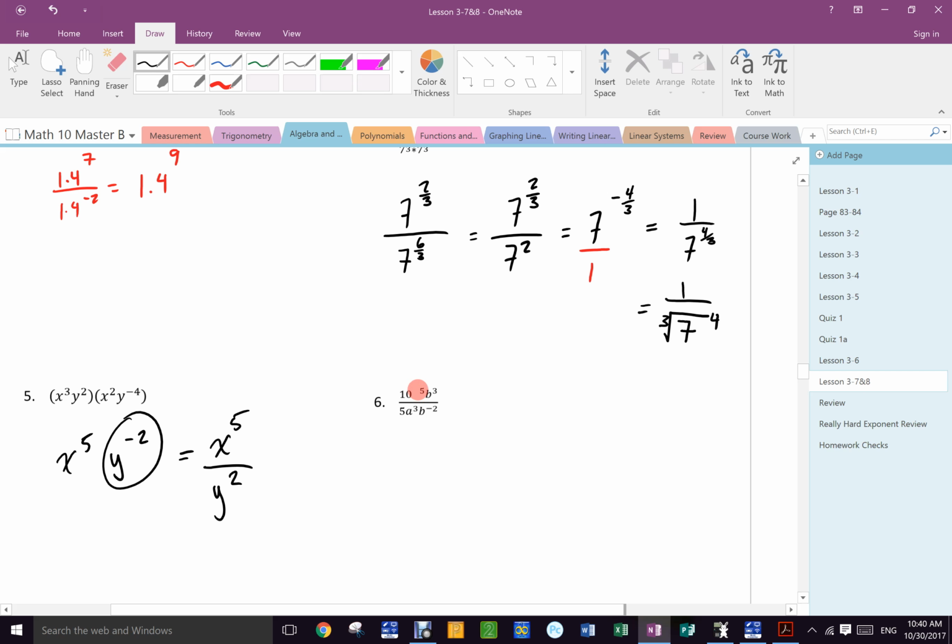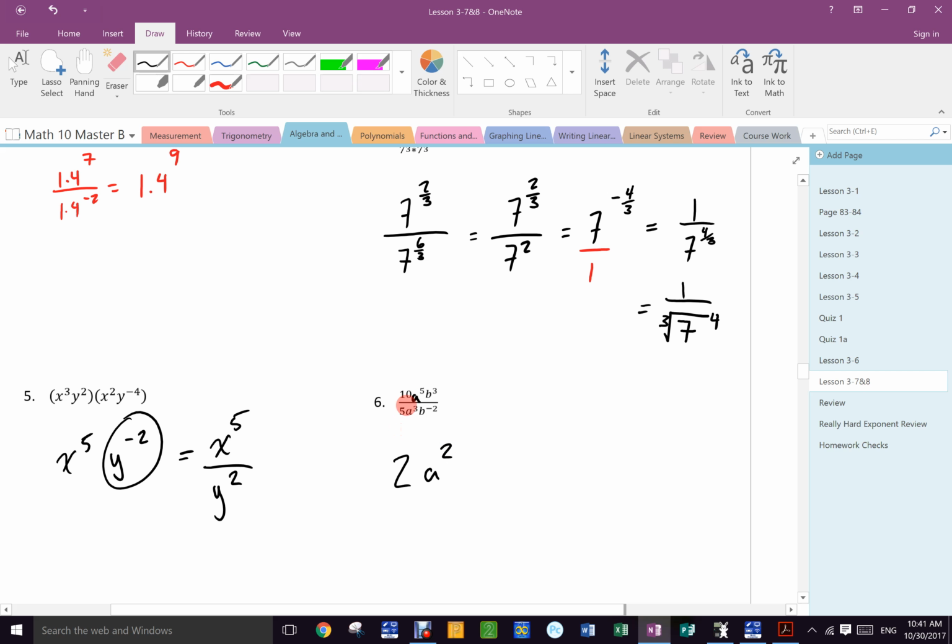Does yours? It's supposed to have an a there. So, if there were no variables, what would be the answer in number 6? 2. If there was no 10 and 5 and no b's, what would the a's be? 2.